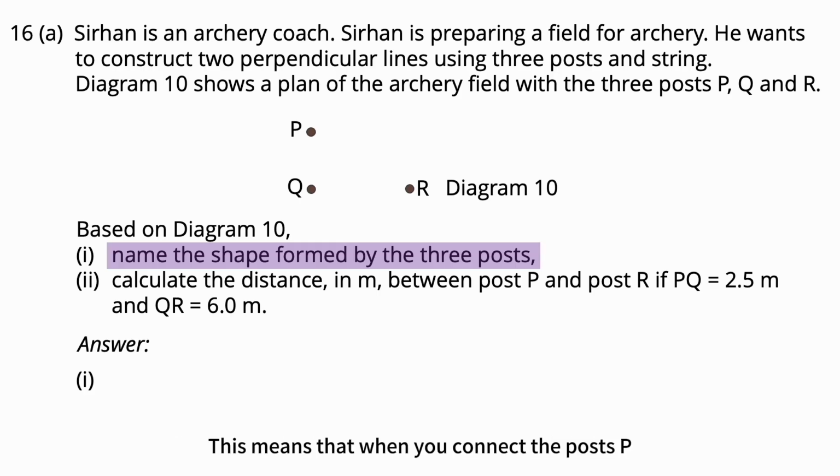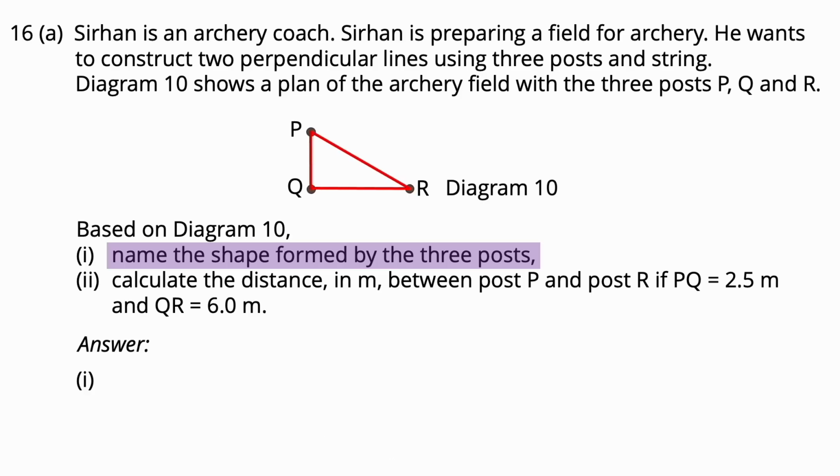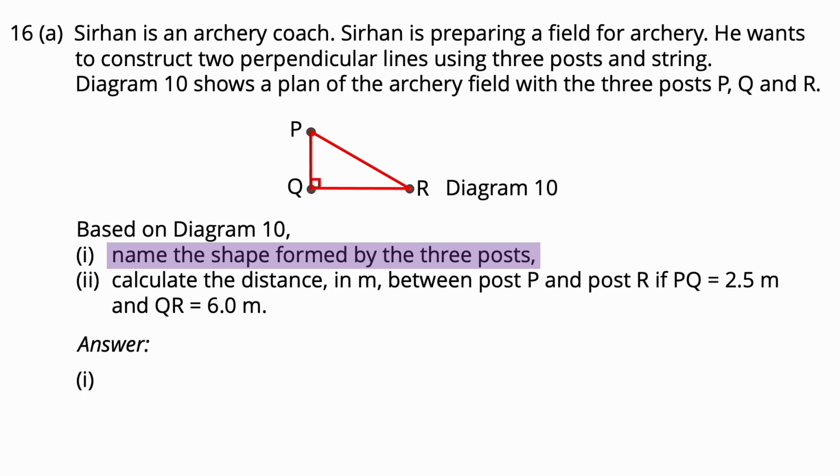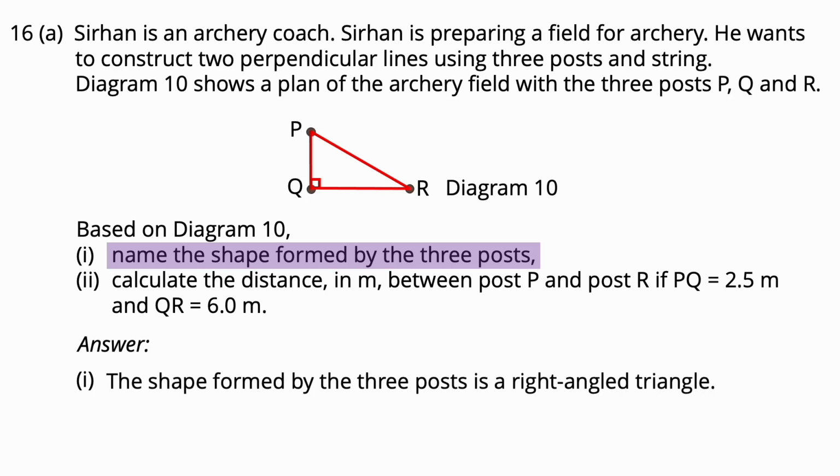This means that when you connect the posts P, Q, and R, one of the angles, specifically at point Q, is a right angle. When a triangle has one right angle, it is called a right-angled triangle. So, the shape formed by the three posts is a right-angled triangle.